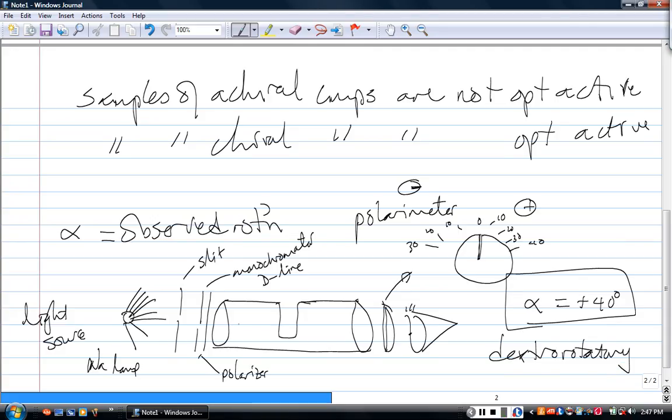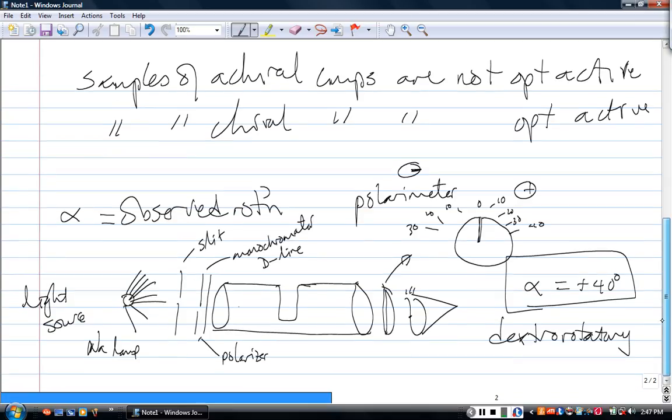But here's the problem. I can argue, suppose I started turning counterclockwise. And I turned and turned and turned and came here. I could argue that my sample really is not plus 40, but the alpha value really is minus 320. And in fact, my sample is levorotatory.